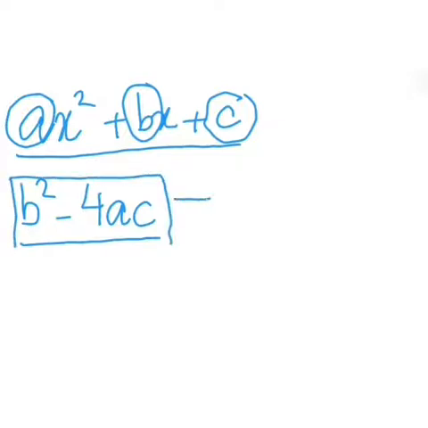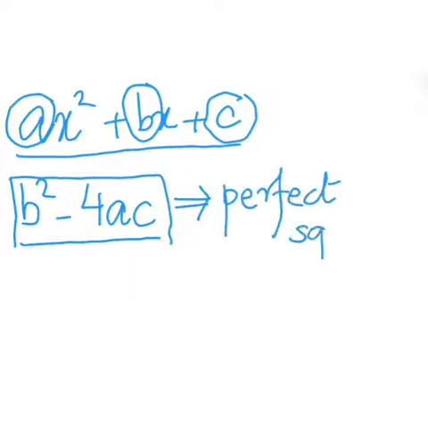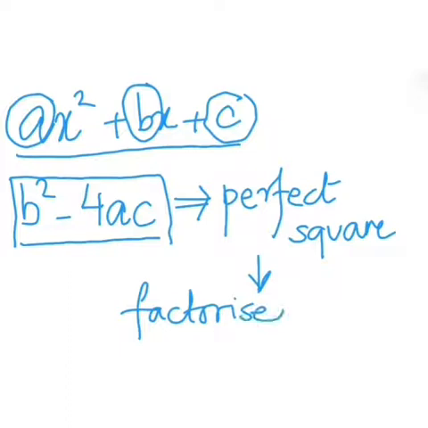We need to check the value of b square minus 4ac. If this value is a perfect square, then the above expression, that is ax square plus bx plus c, can be factorized. If it is not, then the expression cannot be factorized.